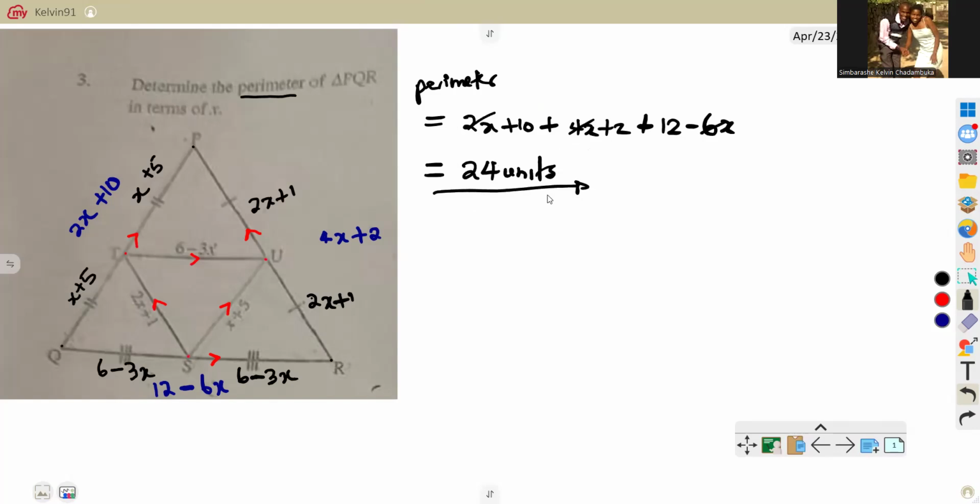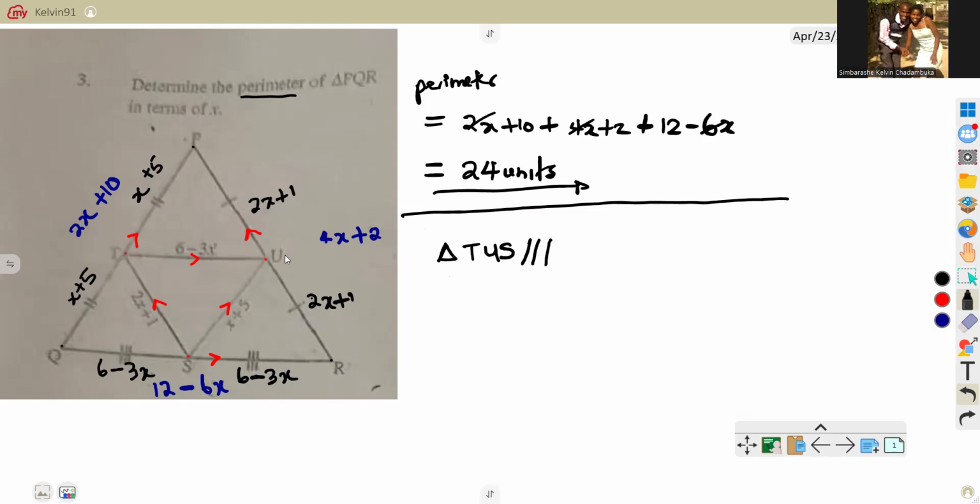Right. That is one way. Alternatively, we still deduce these dimensions as done here. But now we can conclude that triangle TUS is similar to the bigger triangle.